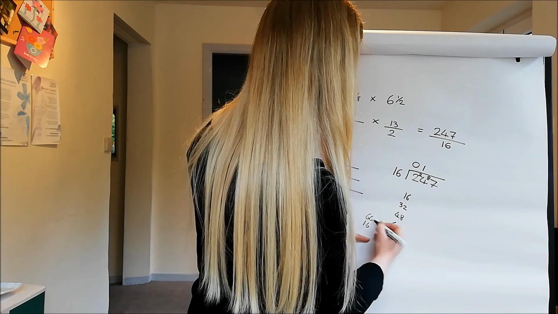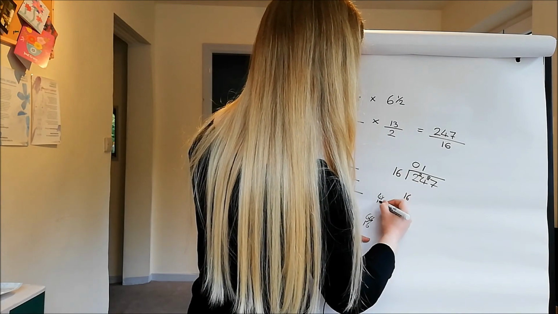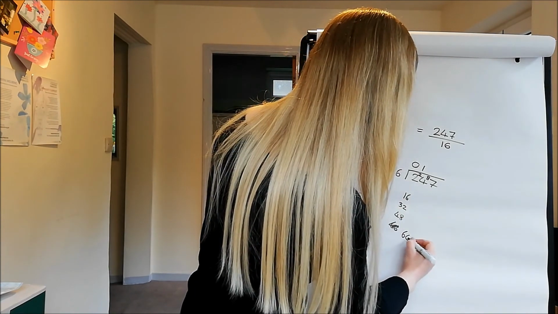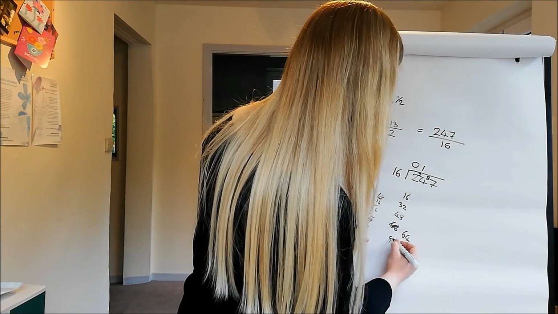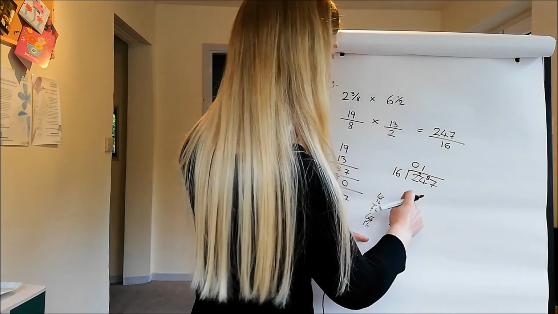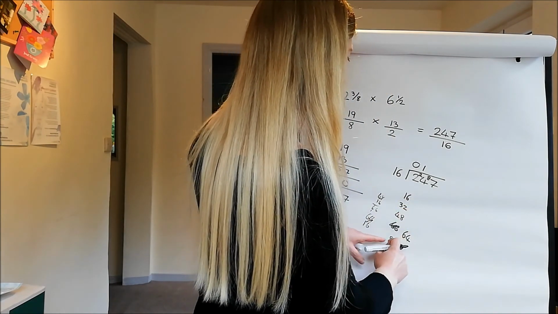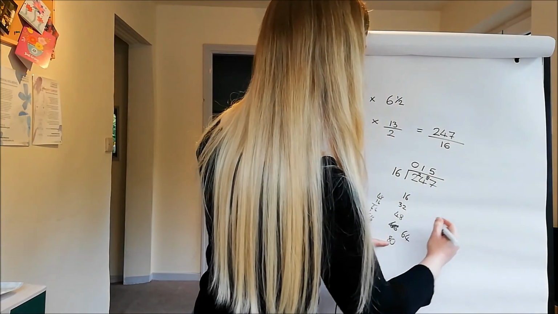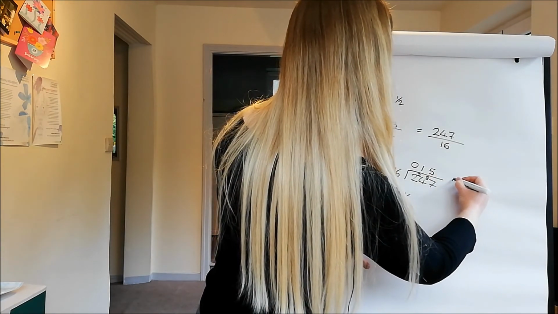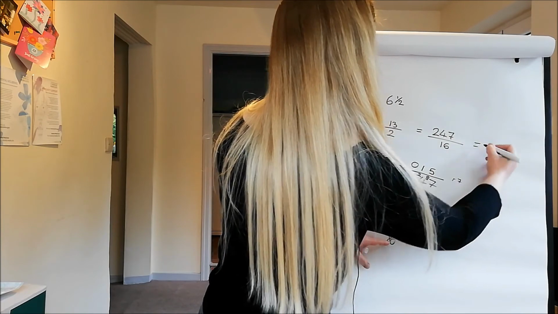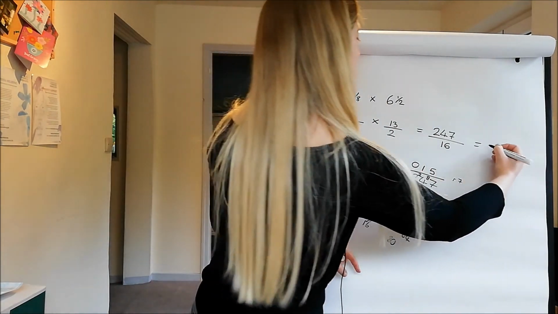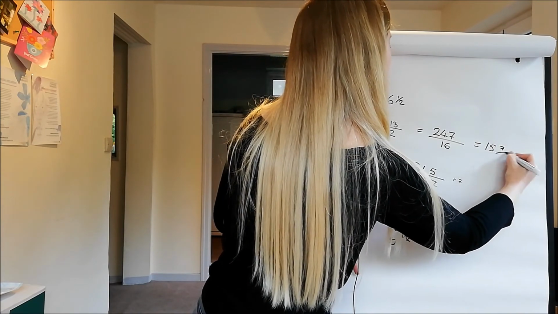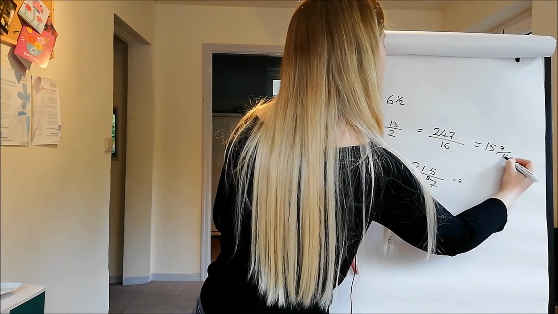No. 48 and 16 will be 64. Adding another 16 will make 80. So 1, 2, 3, 4, 5 full ones. And then there'll be 7 remainders. So that will be 15 full ones with 7 leftovers, and we were dealing with 16ths.